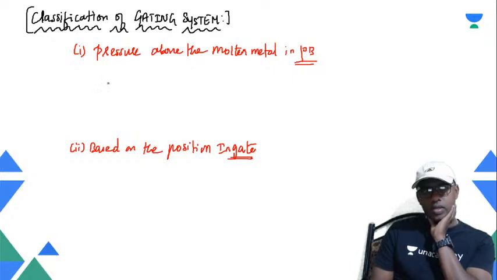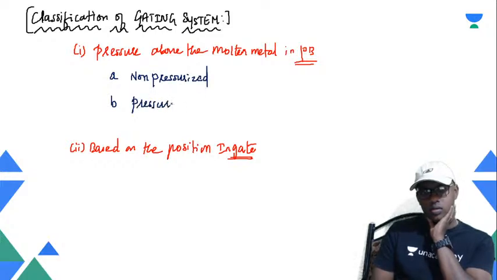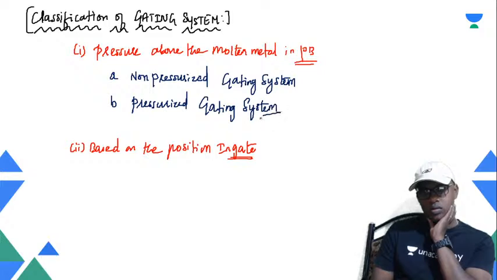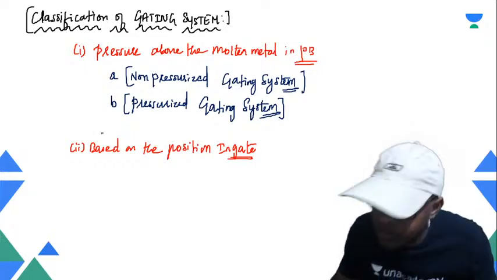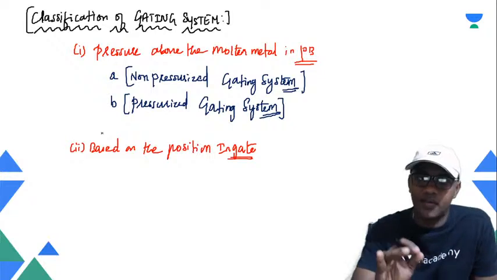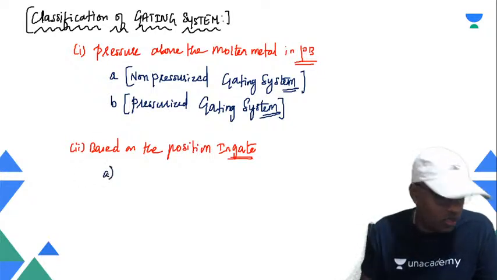So non-pressurized and pressurized gating systems. Okay, non-pressurized and pressurized gating systems. So based on the position of the ingate, we have four, which I just mentioned. Please make a note of it too.